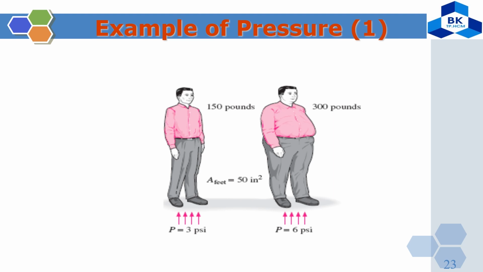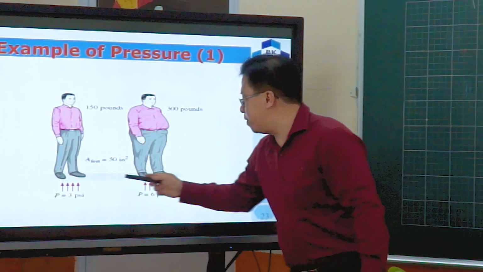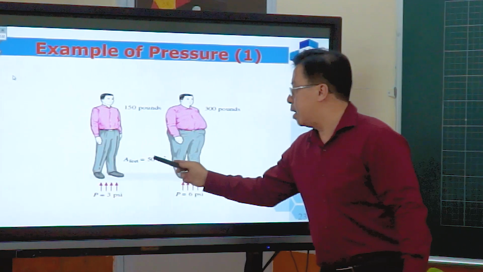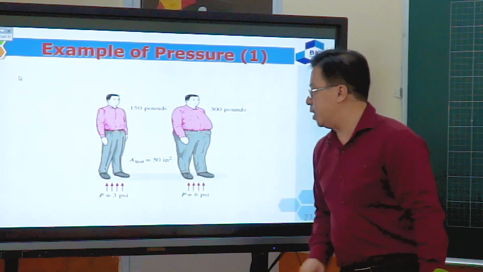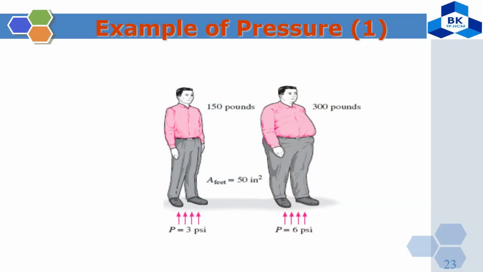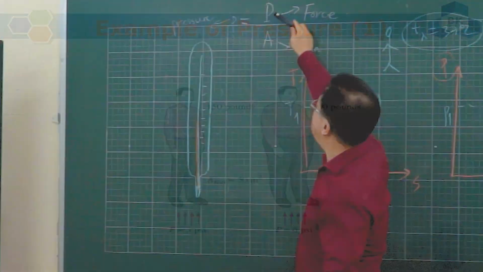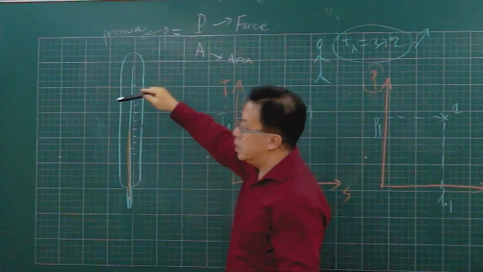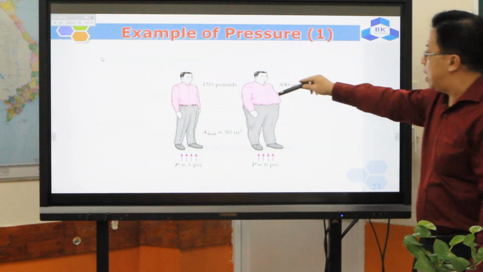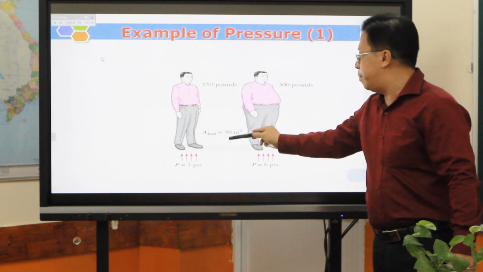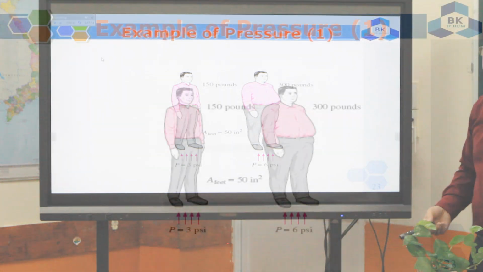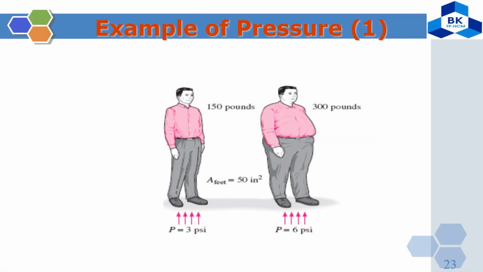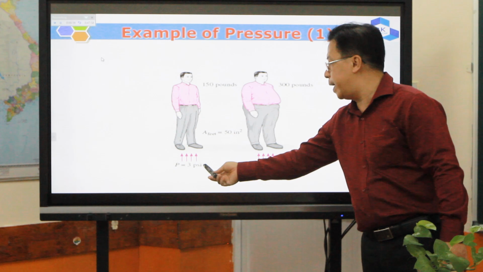Both have a foot area of 50 square inches. So the pressure is F divided by A. In this case, 150 pounds divided by 50 gives 3 psi, where psi stands for pounds per square inch.